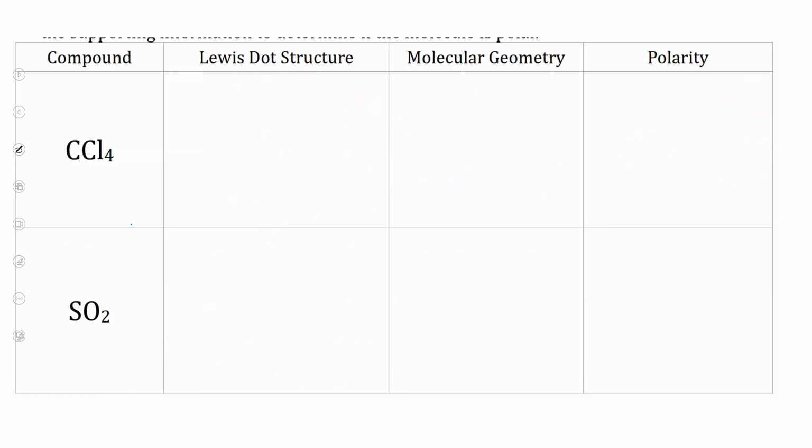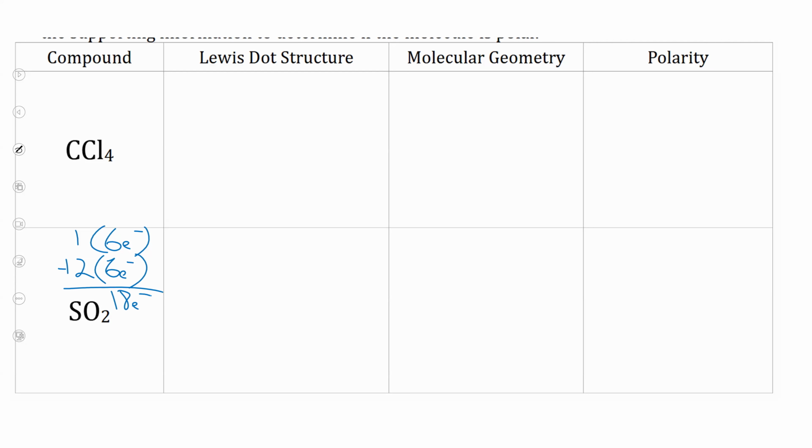So SO2. Sulfur's got 6 electrons and there's 1 sulfur plus 2 oxygens. Each oxygen has 6 valence electrons. We have 18 electrons to work with. How do we decide what goes in the middle? Oxygen's more electronegative, which means it likes to share less.